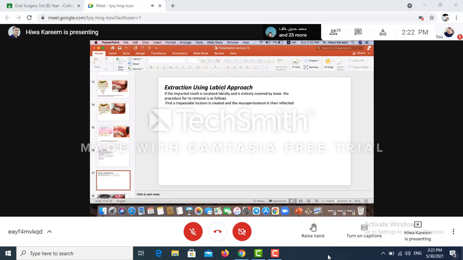If it is palatal, extraction is from the palatal side. In which condition do we use the labial approach?